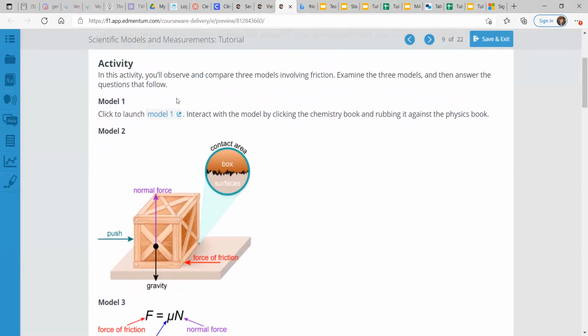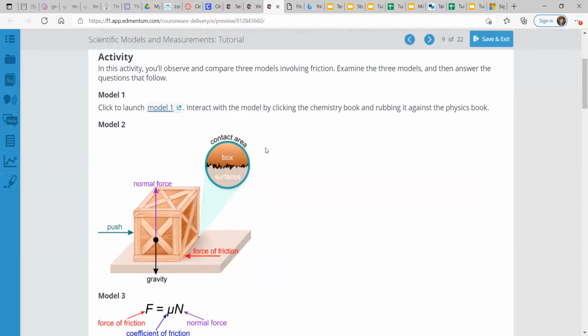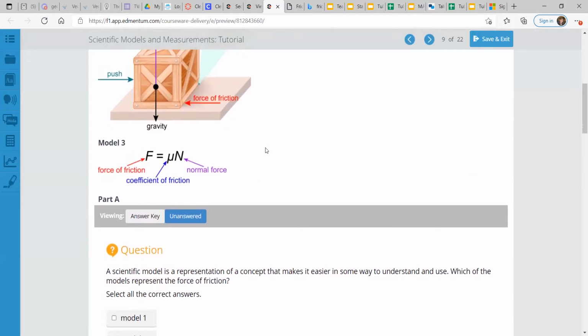So for the first model, we're going to launch it. Can you see that? Okay, so here we have two books. We have a green physics book, a yellow chemistry book, and then if you zoom into that tiny space, pretend we're zooming in so much that we're seeing these individual particles.